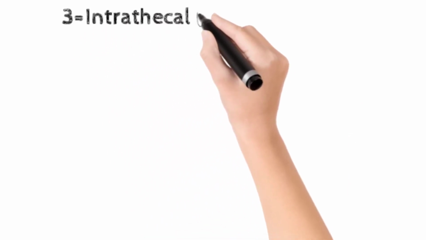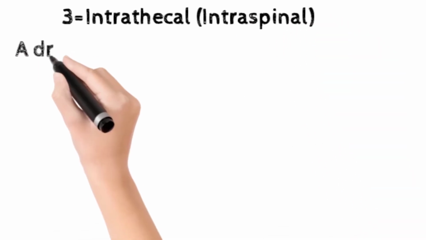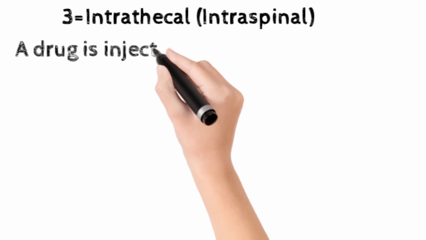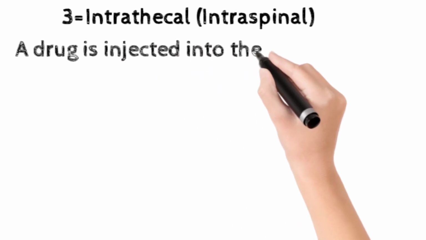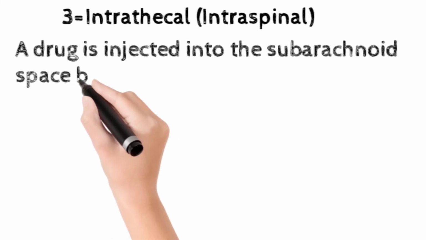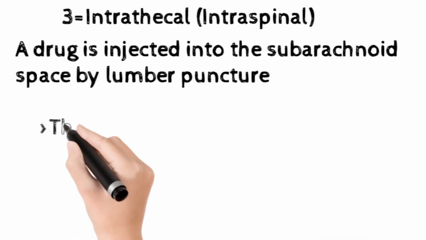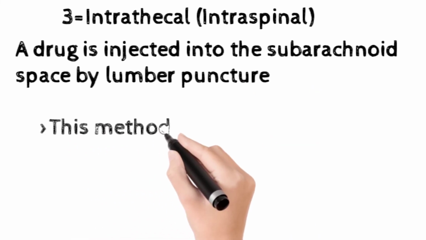Now the third local route is the intrathecal, mean intraspinal. Here in intrathecal or intraspinal, drug is injected into the subarachnoid space, mean a space below the arachnoid mater and pia mater, by a lumbar puncture.